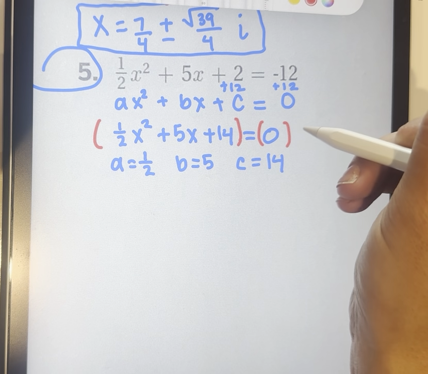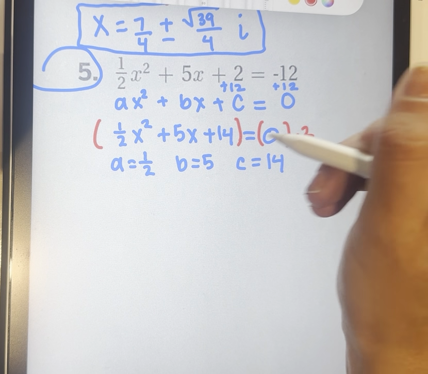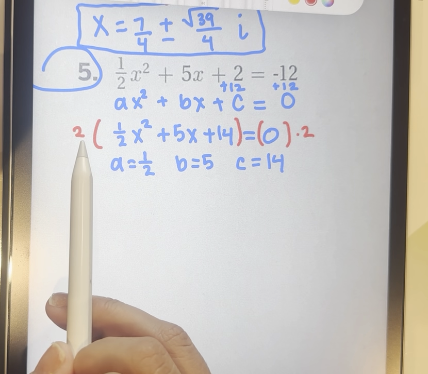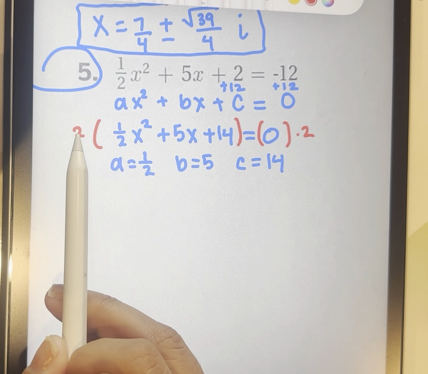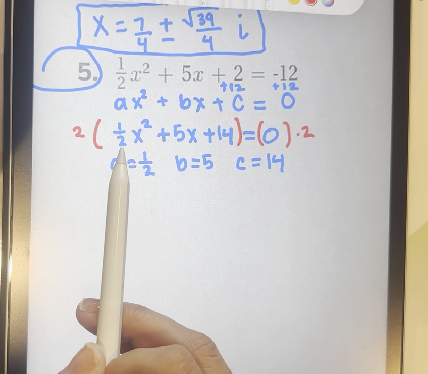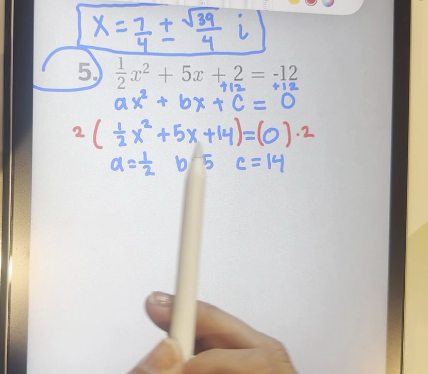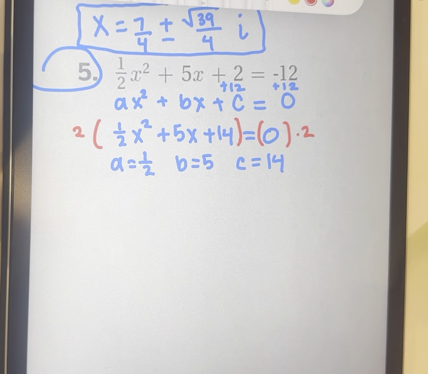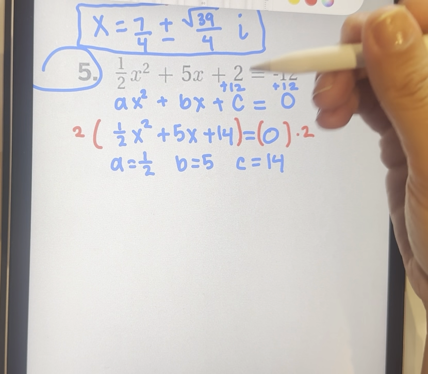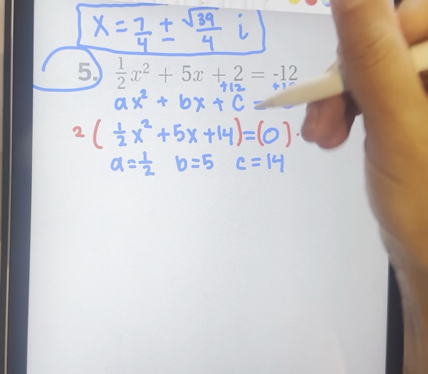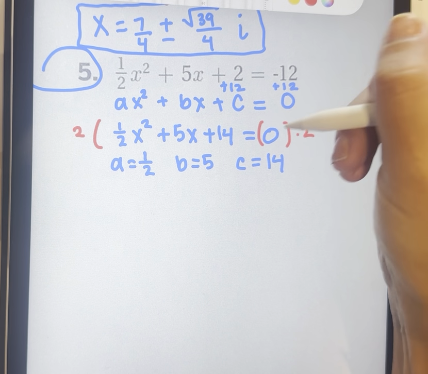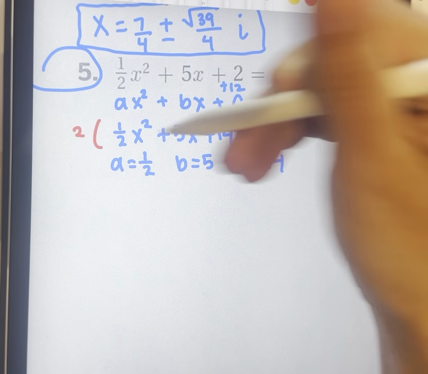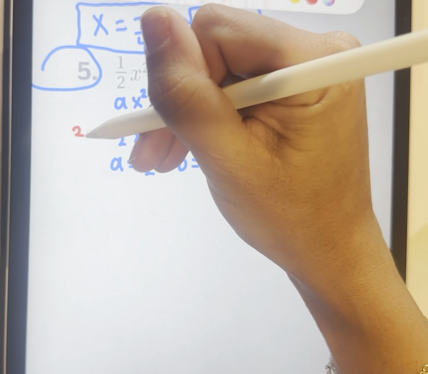Because this side is 0, you can multiply it by anything and it won't change. It'll still be 0, which means you can multiply something to get rid of that fraction. 1/2 times 2, if you multiply by the denominator, will go away, and that'll become a 10, and that'll become a 28. You can, okay? I'm not going to, but you can. All right. What I want to do is try not to be afraid of this fraction because I have a feeling it's going to be okay.